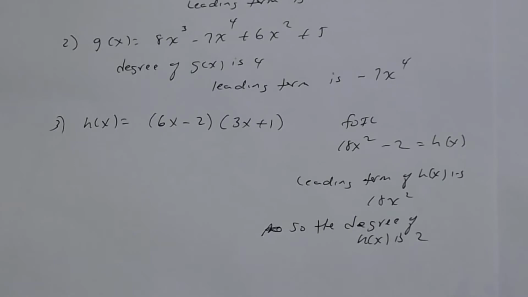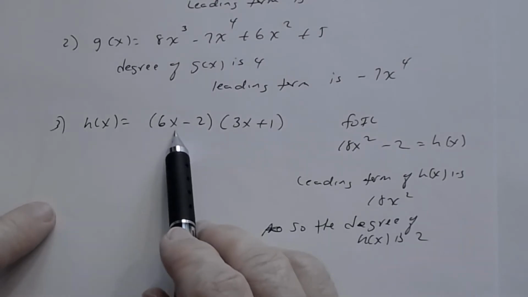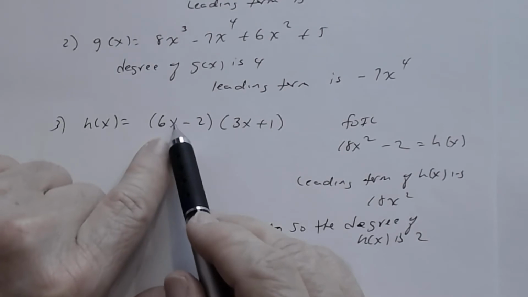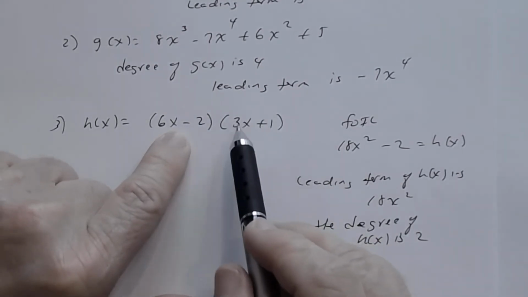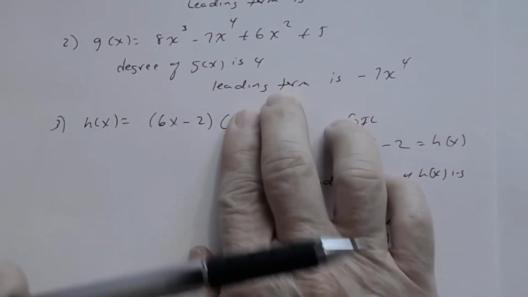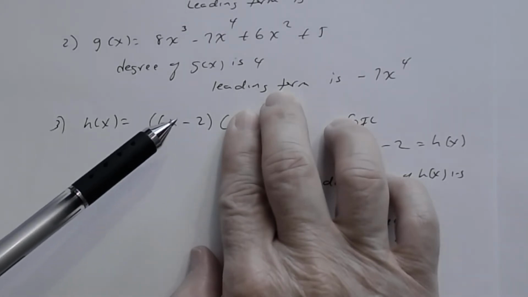So here's the point I'm making, though. If you are going to find the leading term of a polynomial, and you will need to in what we want to get to in this lesson, what you need to do is look at each factor and then take each leading term of each factor. So if you look at this factor here, the leading term is 6x. If you look at this factor here, the leading term is 3x, because if you cover this one up, 3x to the first, that's your largest exponent right here.